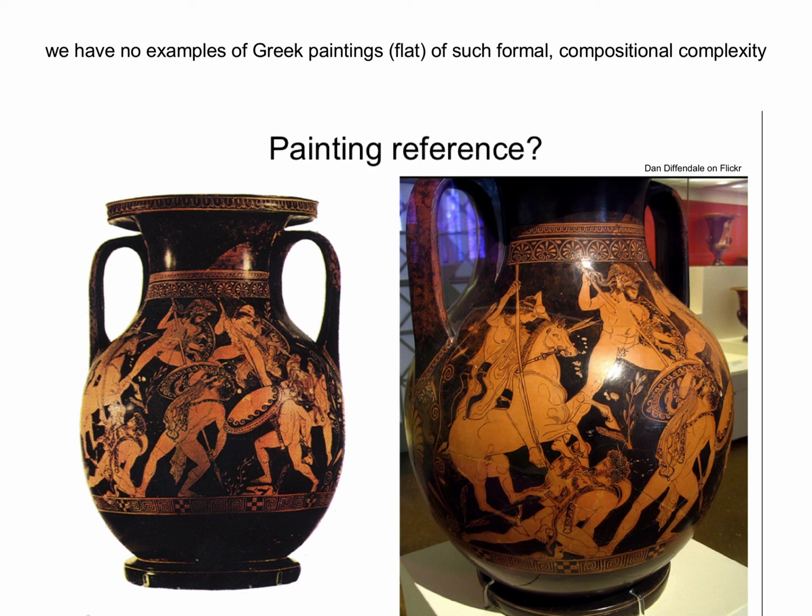The problem is we have no examples of such paintings from Attic times. So this is a speculation that art historians make, but I would contest that quite dramatically, and I will use this example to show that, because having no examples of Greek paintings flat of such formal compositional complexity, how are we to say that those objects were influenced by paintings?